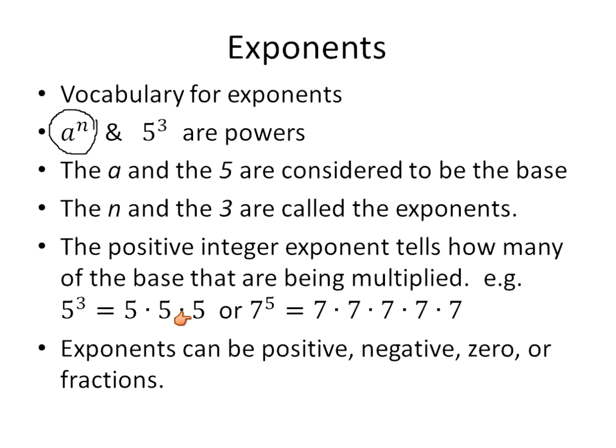I know this is kind of a review for most of you, but that's okay. And if you have 7 to the 5th, that positive integer exponent tells us we need 5 of the base, 7. So 1, 2, 3, 4, 5 7s.